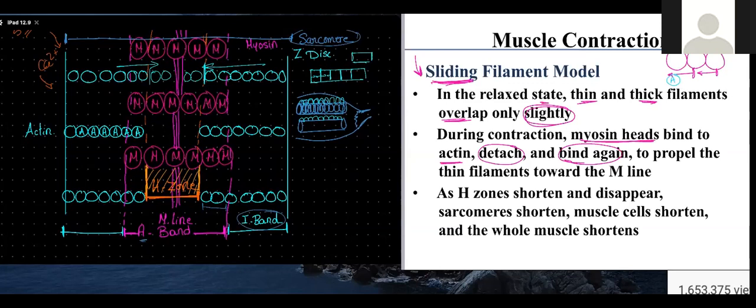So what's going to happen when you pull those actin towards the M line? There will be no region where you have only thick filaments, not alternating with thin filaments. So the H zone will disappear. It will shrink and the H zone disappears.